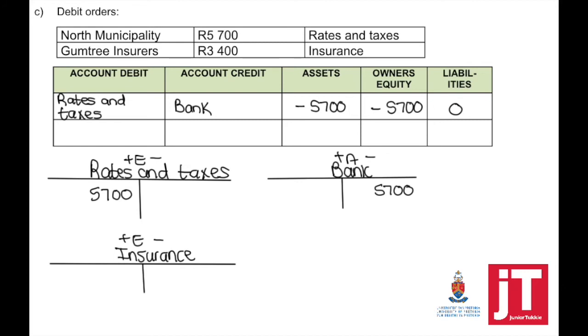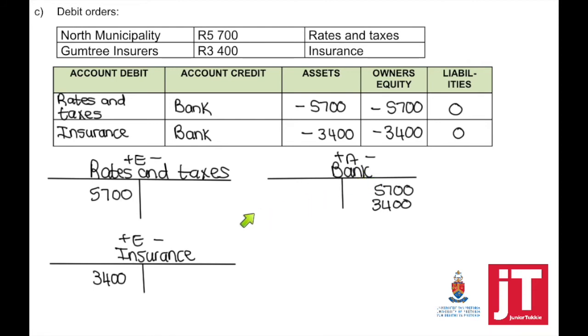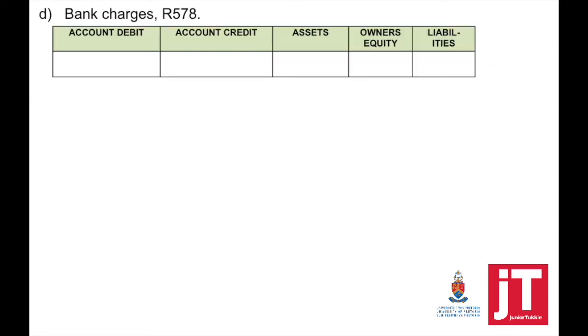To show the insurance, bank is credited, account debited, insurance. Effect on the accounting equation, again assets minus, because my expense increased, it has a negative effect on the owner's equity.